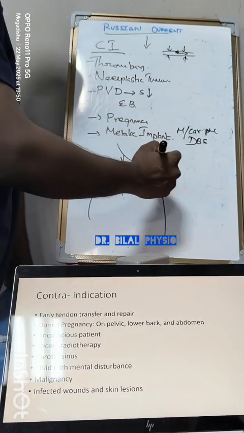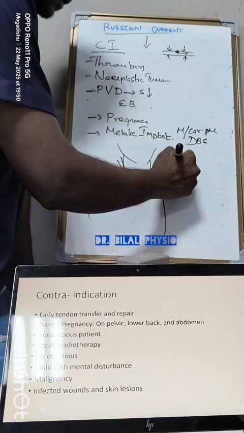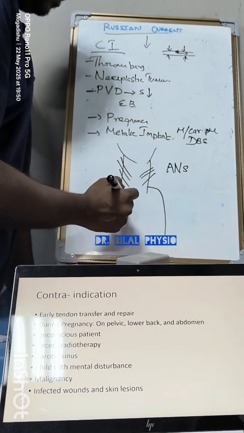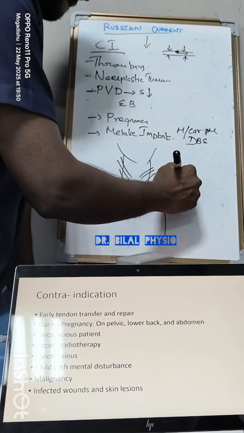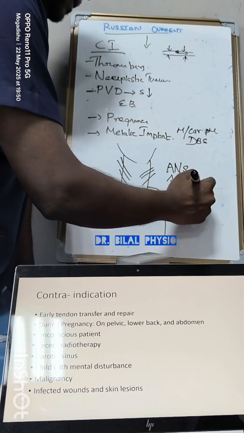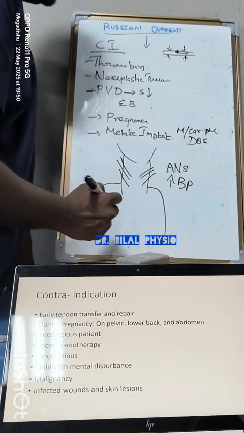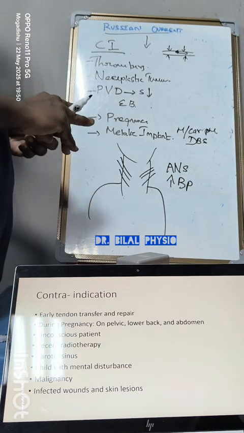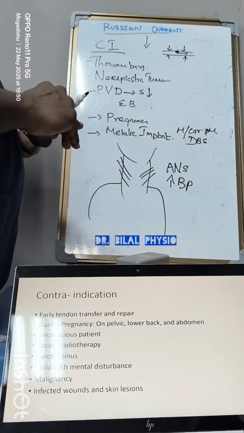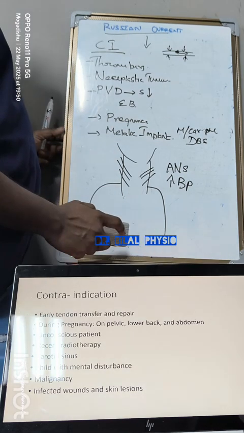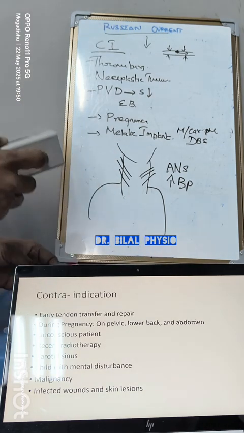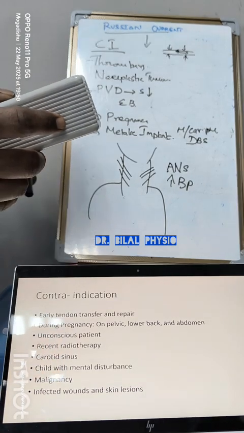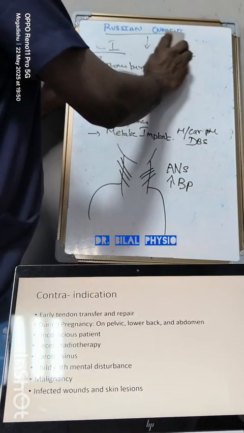This will cause ANS dysfunction, or it will increase the blood pressure and cause other autonomic nervous system related disorders and dysfunctions. So these are all the contraindications.